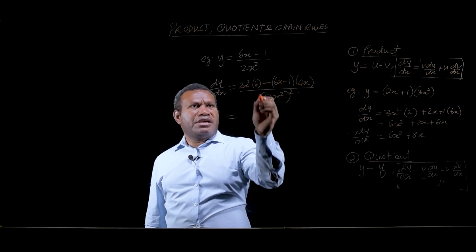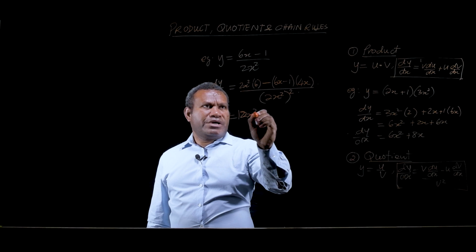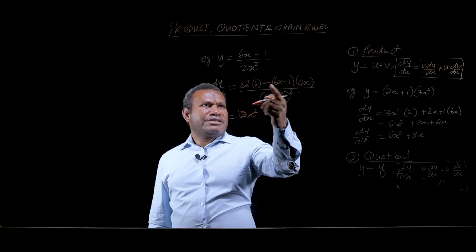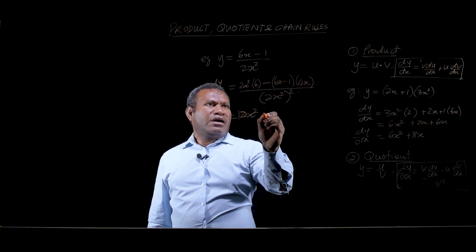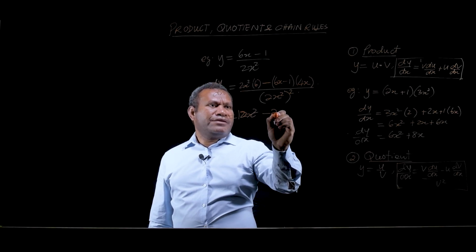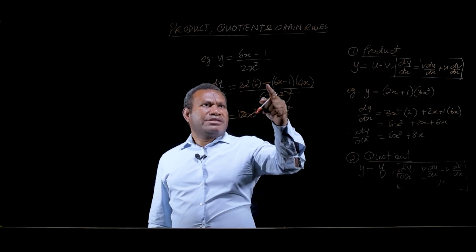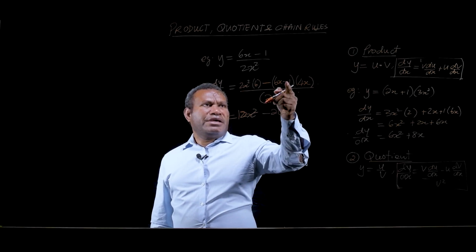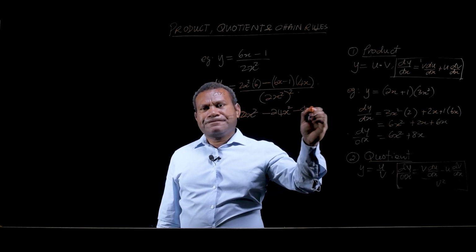So 6 multiplied by 2x squared will be 12x squared. Minus 4x times this one, 6x, will be minus 24x squared. And then minus 4x multiplied by negative 1 gives us minus 4x.